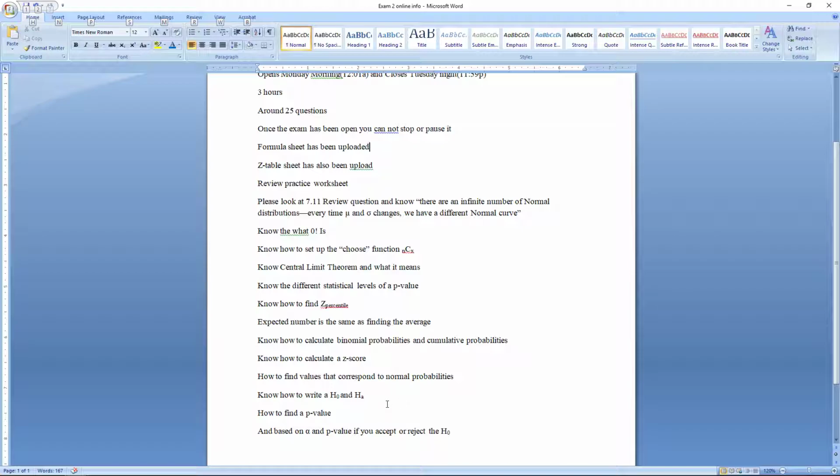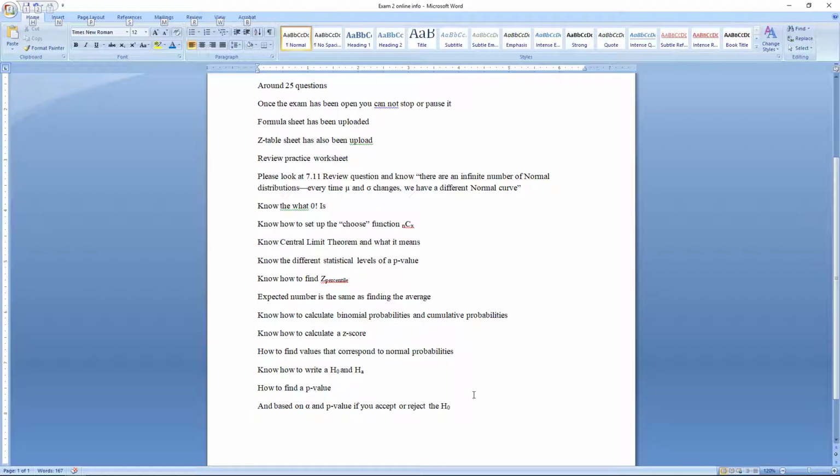Know how to calculate a p-value. After you get a z-score and find the probability associated, know how you find a p-value associated with a particular z-score. And then, based on alpha and the p-value, whether or not you would accept or reject a null hypothesis. So once you look at your alpha level and you have a p-value, if your p-value is less than your alpha level, you will reject the null hypothesis, and then state the significance of the p-value that you found.